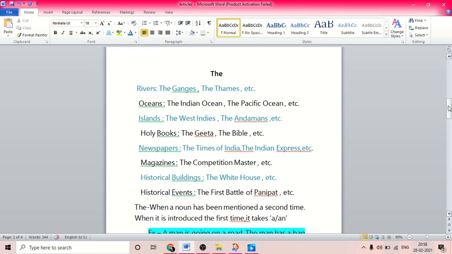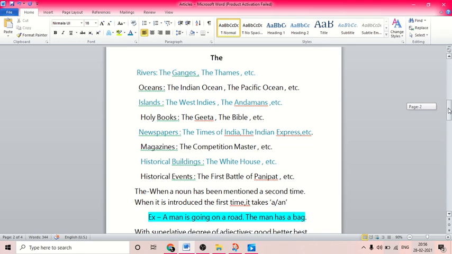It is also used with holy books, the Gita, the Bible. Names of newspapers, the Times of India, the Indian Express. It is also used with the names of magazines, the Competition Master. It is used with historical buildings, the White House. It is also used with historical events, the First Battle of Panipat.